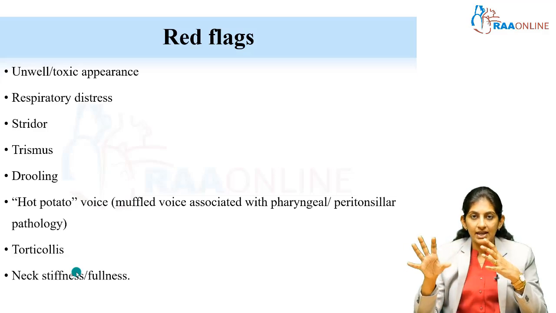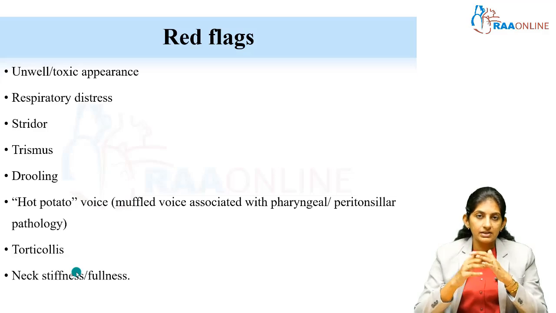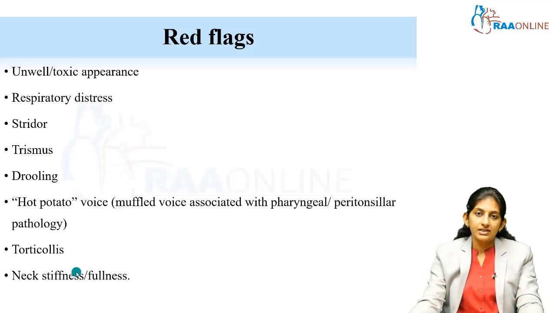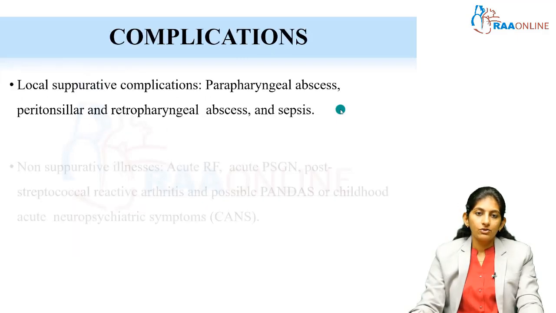Although beyond 5 years it is not very common, still think of epiglottitis, or viral infections like croup. Also think of meningitis when there is a high grade fever. Okay, so all these are red flags. When you find any of these, think of an alternate diagnosis or think of complications of acute pharyngotonsillitis.